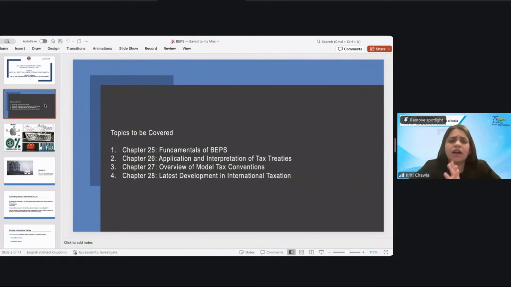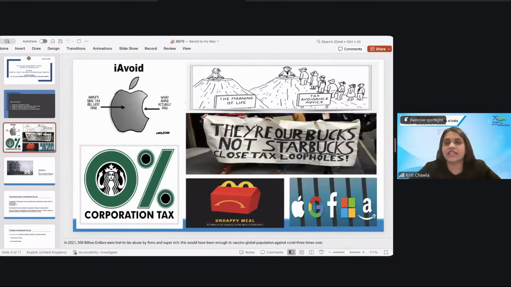So yes, without any further delay, let's get started with describing the problem area because of which BEPS came into place. If you look at this particular slide, these are a few pictures that I've put together, and this is the picture that signals that there is something wrong which is actually happening.